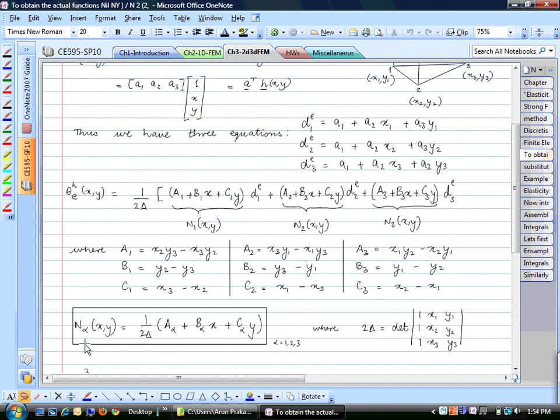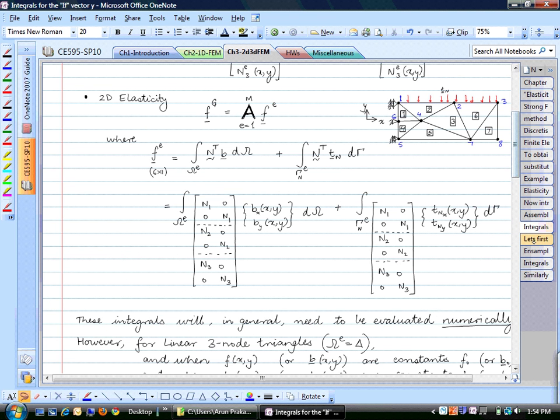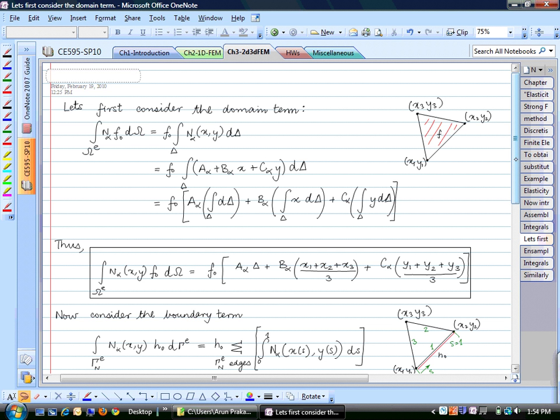Using these, you can express your N alpha in terms of these constants. So if you go back here, I think I might be missing a 2 delta somewhere. Right, I'm missing a 2 delta here, divided by 2 delta, divided by 2 delta, and divided by 2 delta here also.